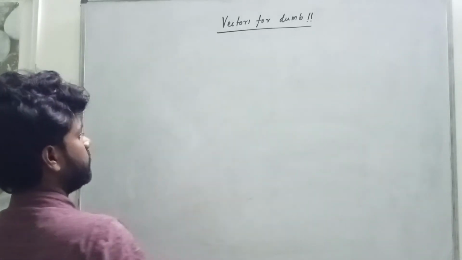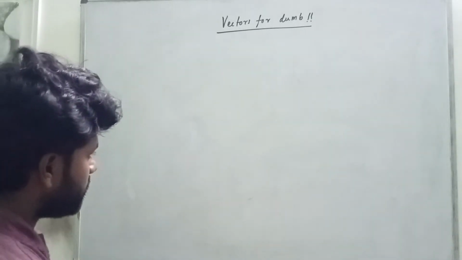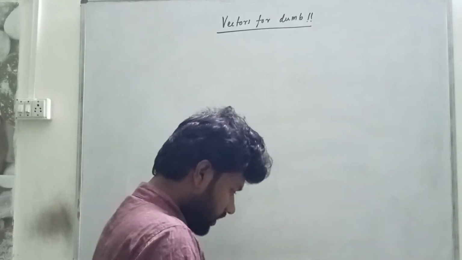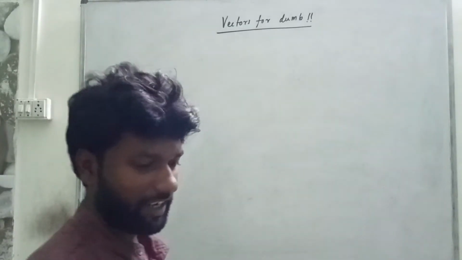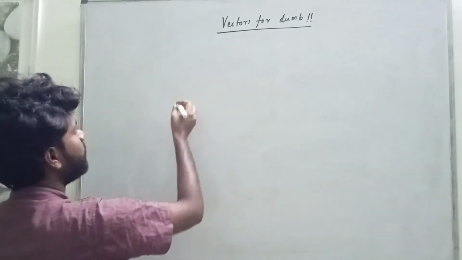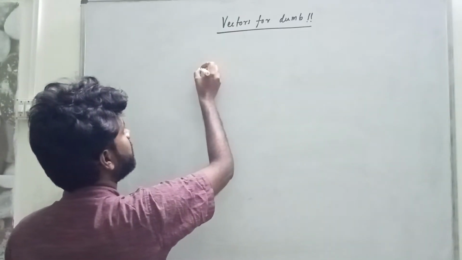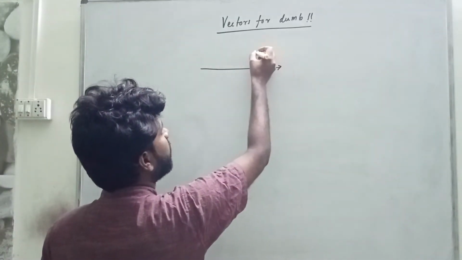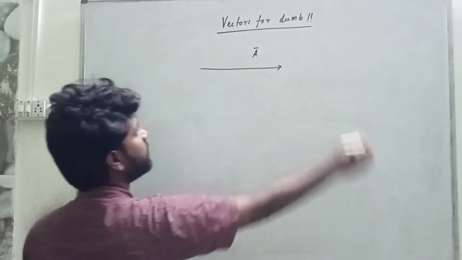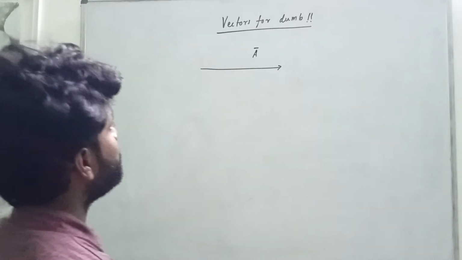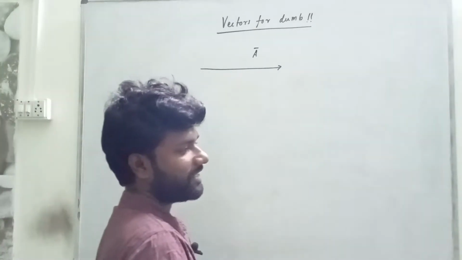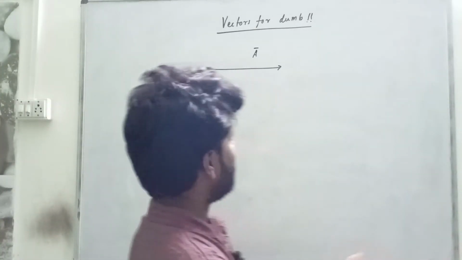First of all, from our part 1, all of you know the opposite vector, right? The opposite vector means if it is a vector A, the opposite of A has the same magnitude, but the direction is just opposite.